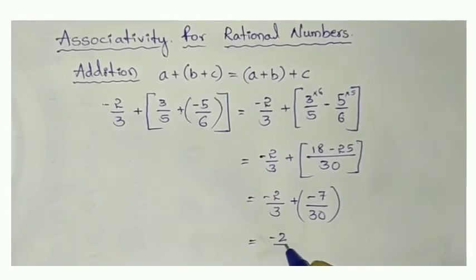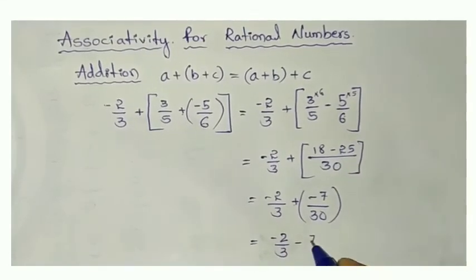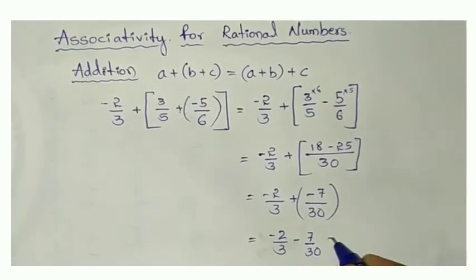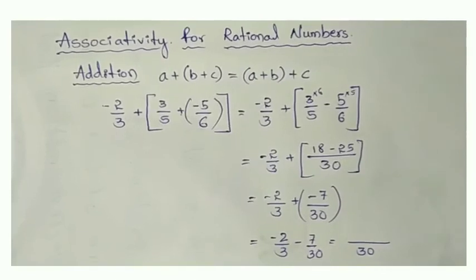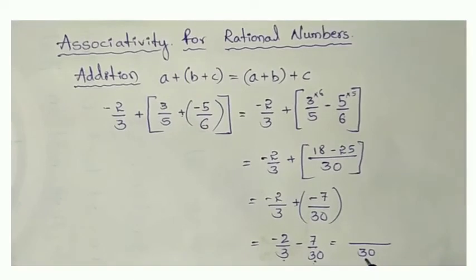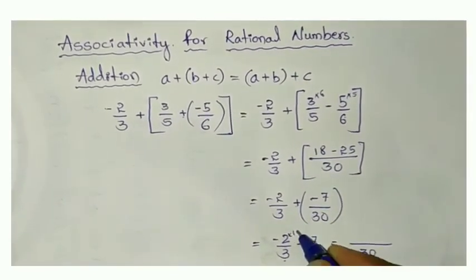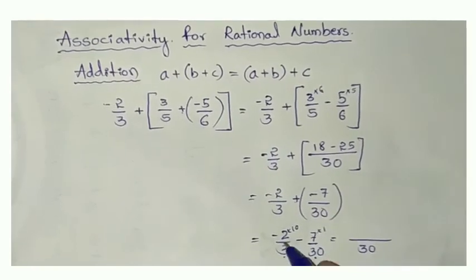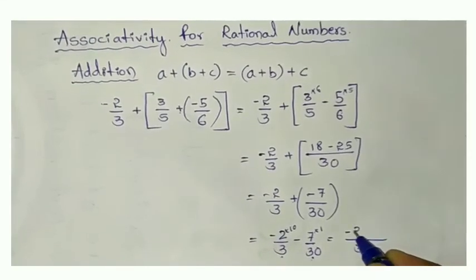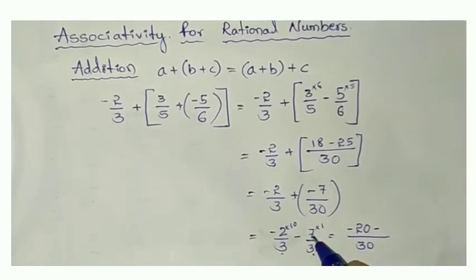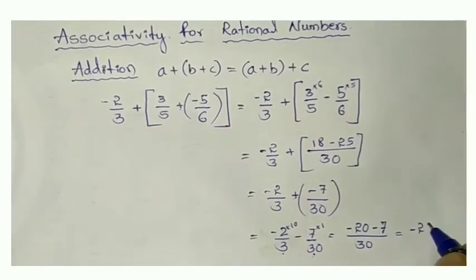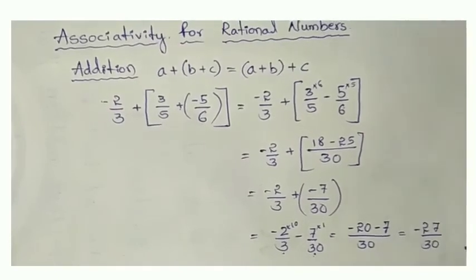Again minus 2 by 3 plus into minus, minus 7 by 30. So here the LCM is again 30, because in the 3 table also we will get 30. That's why I will directly take LCM 30. So 3 tens are 30, 30 ones are 30. So minus 2 into 10 we will get 20, minus 7 ones are 7. So here minus 27 by 30.